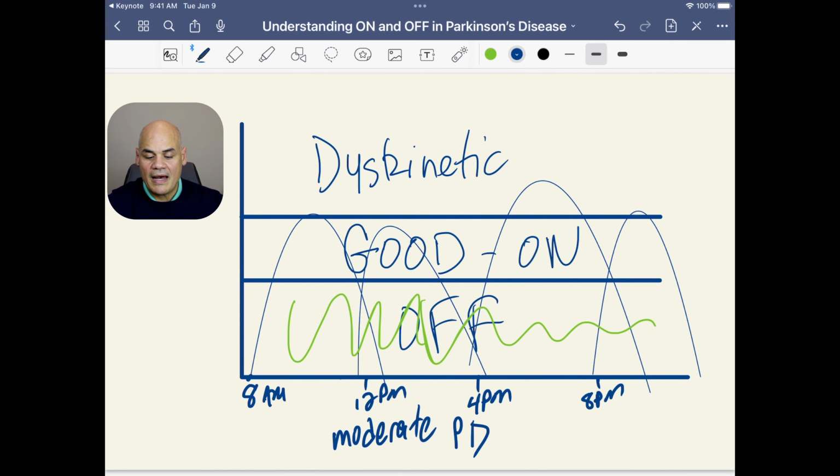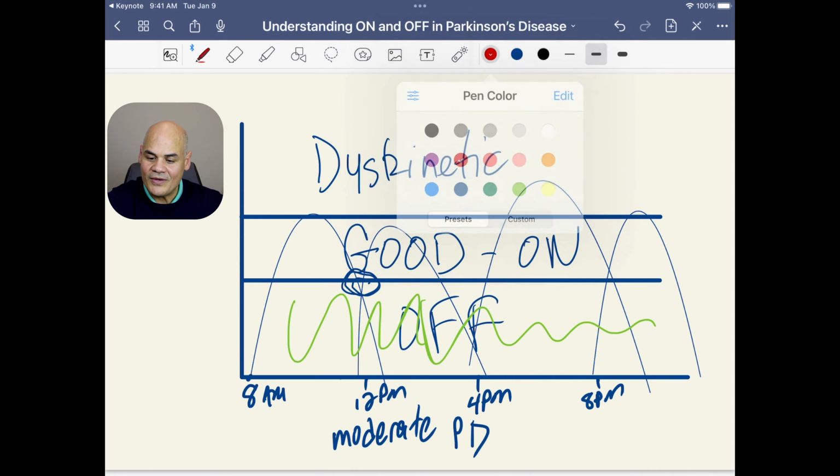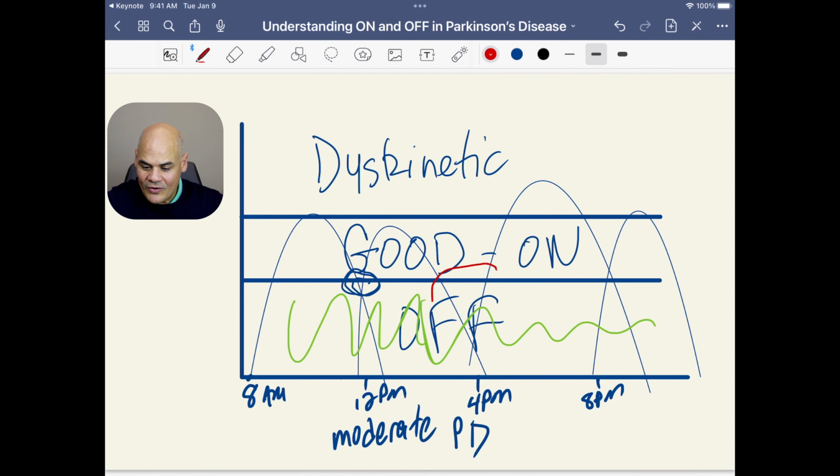So look what is happening. That first dose of the medication, it was fine. We might see that the patient might be spending a little bit of time here in the off medication state, right? Let's go ahead and take a look at it here. And then maybe later in the day, and I'm marking this in red, right, to have a better understanding, look how this patient is spending now some time in the off medication state.